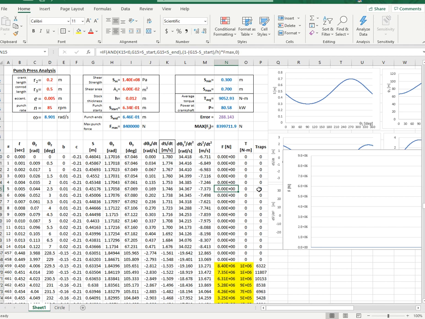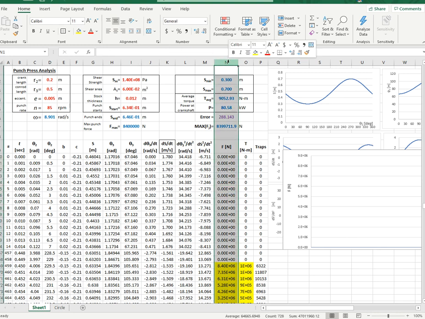I think I have alternative spreadsheets to this where you have a column that can be either 0 or 1 based on this condition being true or false. So I could create a new column.